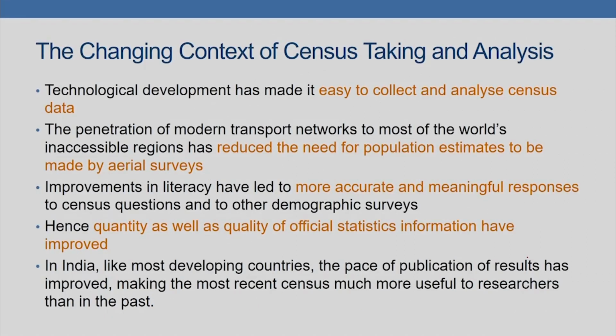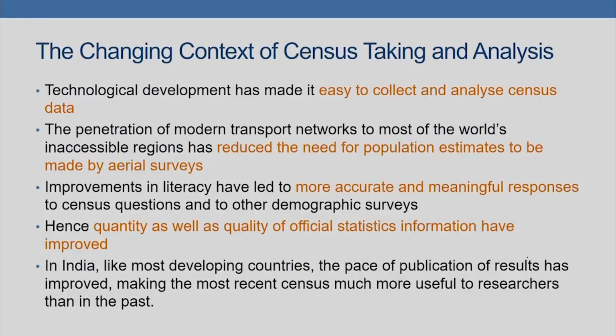Now, let us also understand the changing context of census taking and analysis, because even 10 or 15 years back, development researchers did not have open access to census data online. But these days, because of the enabling factors of technology, dissemination has become very easy, and it has become very easy for development researchers to have access to these data.